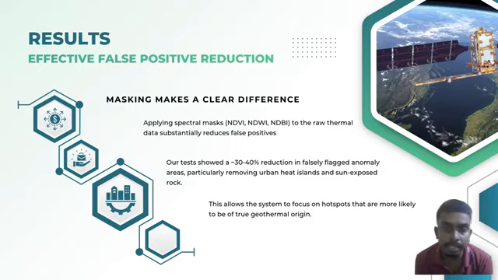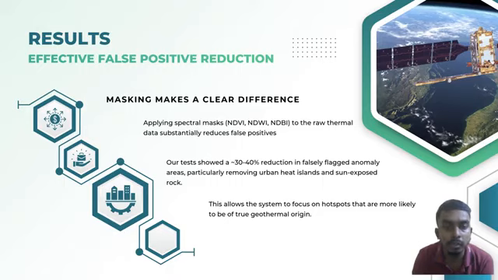As Fasaid mentioned, features like cities or sun-exposed rocks can often trigger false alarms. By applying our spectral mask using NDVI, NDWI and NDBI, we were able to filter out these non-geothermal heat sources.